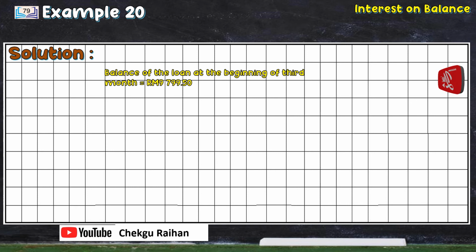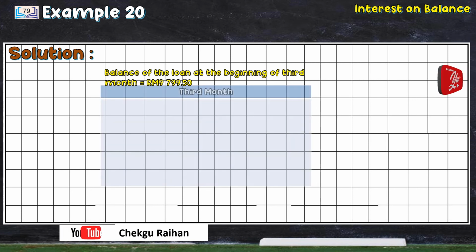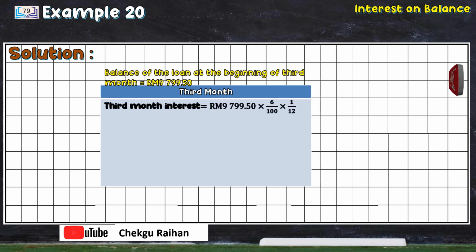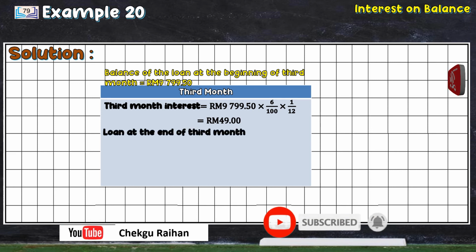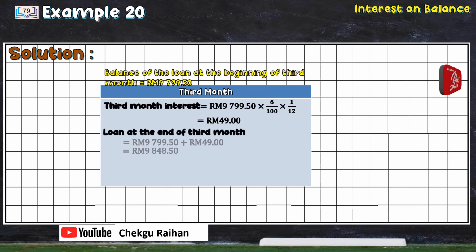Balance of the loan at the beginning of third month equal to Ringgit Malaysia 9,799 and 50 cents. So for the third month calculation, third month interest will equal to Ringgit Malaysia 49. Loan at the end of the third month will equal to Ringgit Malaysia 9,848 and 50 cents.